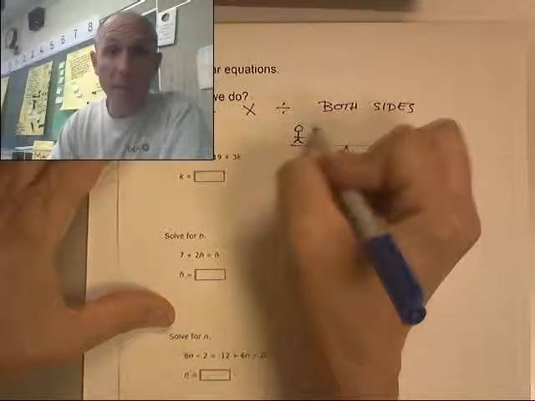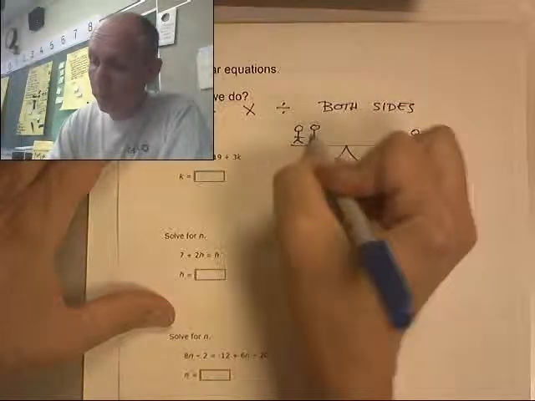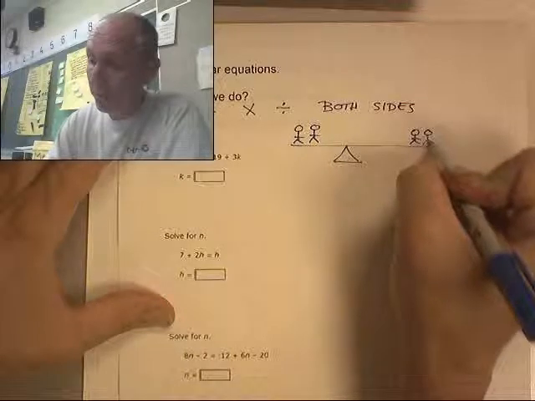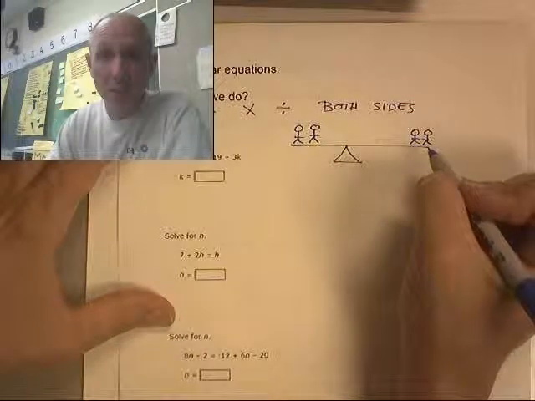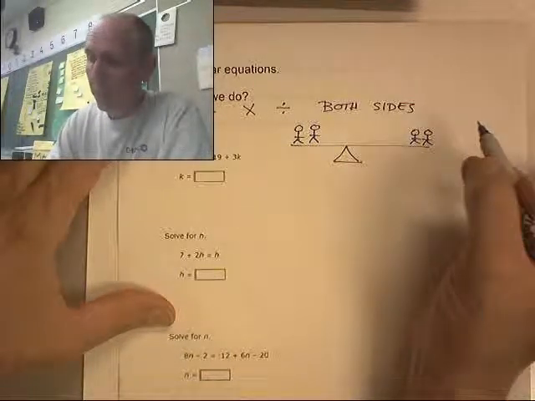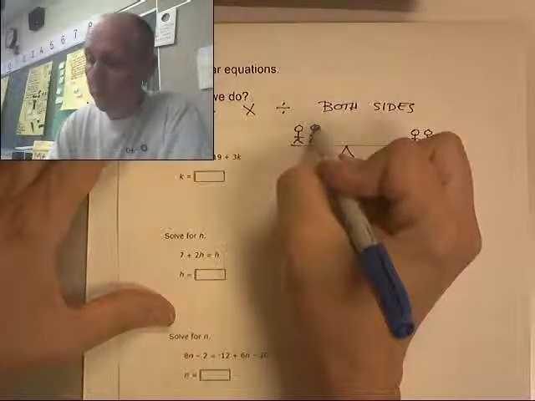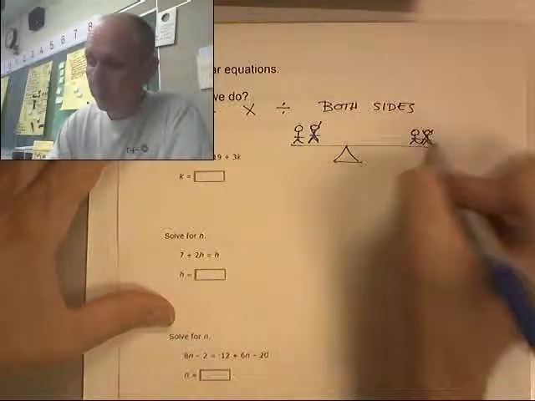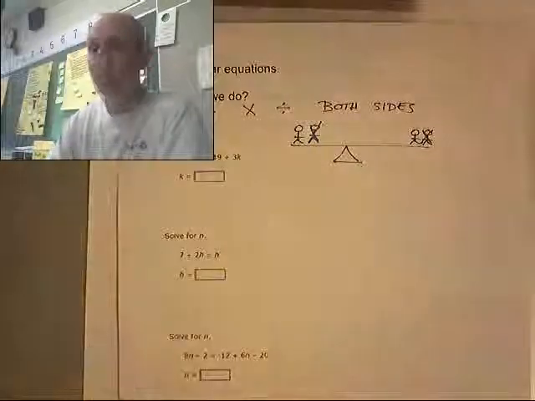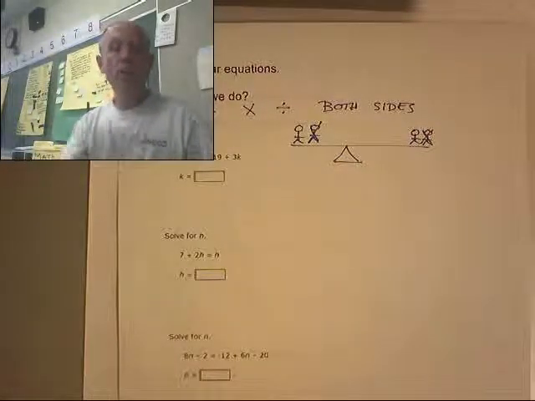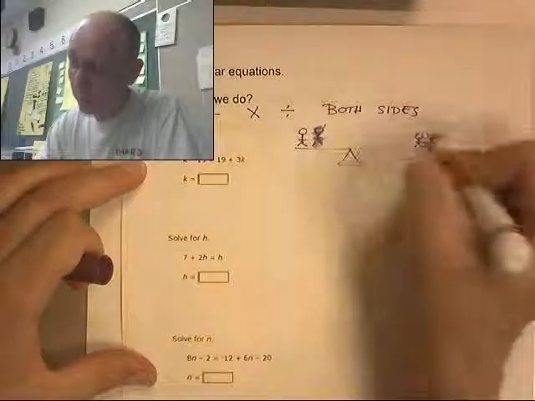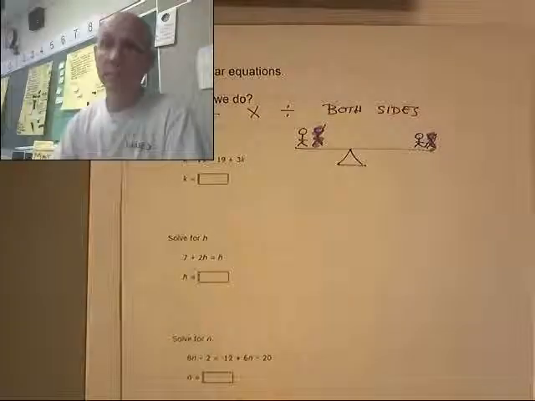If I double the people on this side, then I better double the number of people on the other side to keep it balanced. If I take one person off, I better take one person off. So that's how an equation works. Whatever I do, I better do it to both sides. Take this guy off. Goodbye. Purple people.